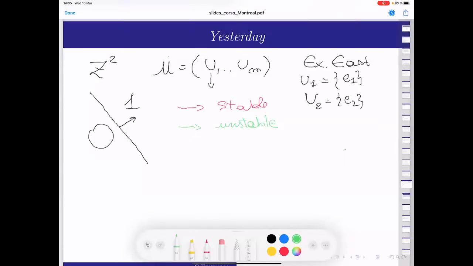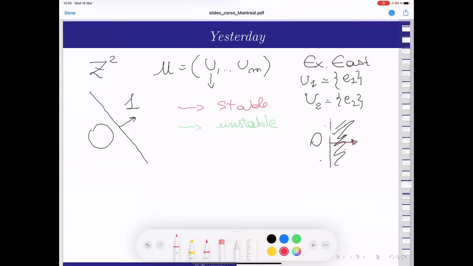Here is the case of the East model. You can easily check that if I take a configuration which is completely filled on one side and completely empty on the other, and I consider this direction, which is a red one, it is stable.